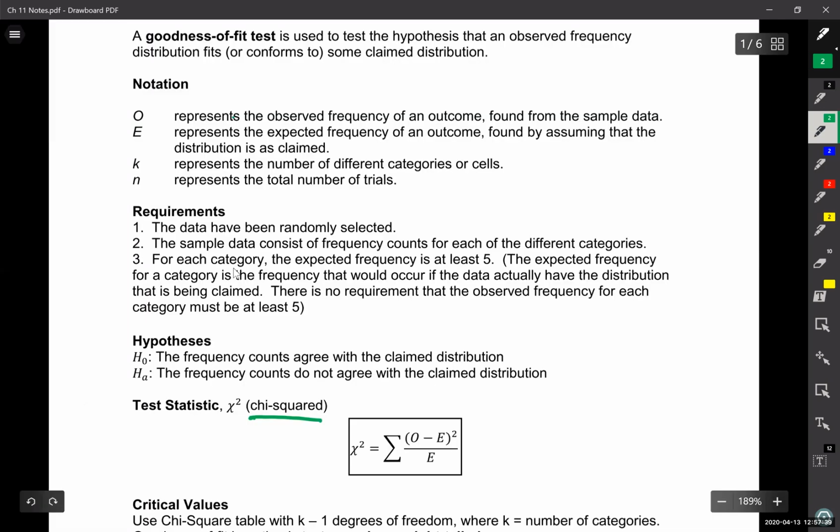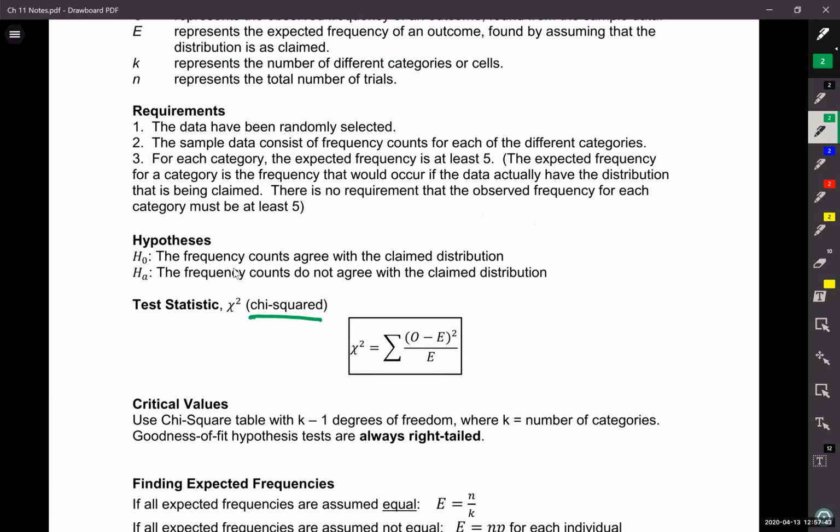And then we have the critical values. And we will talk about how to use the chi-square table to calculate this. But one thing to note, I put it in bold, they're always right-tailed. These are all right-tailed tests. And you'll see that on the table as well when we get to the table. So we're going to use the degrees of freedom of K minus 1, and we'll talk about that again on the table. It's written out.